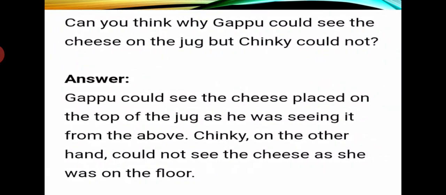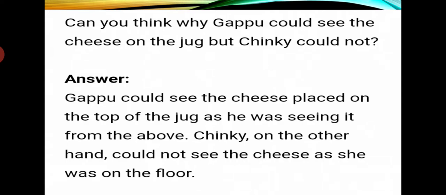Next question. Can you think why Gappu could see the cheese on the jug but Chinky could not? Why? Because Gappu is seeing the room from the top, and Chinky is looking from the side.